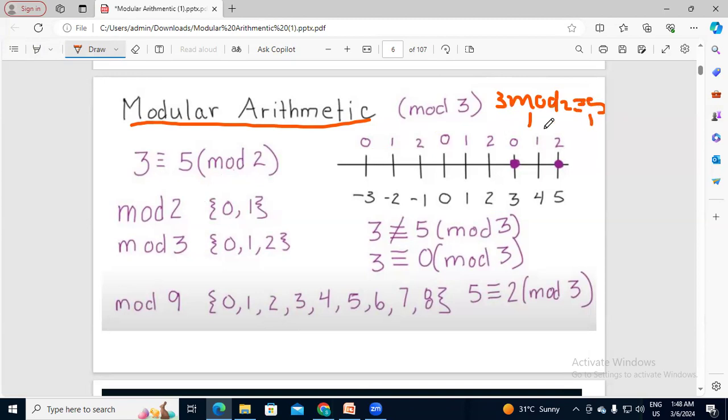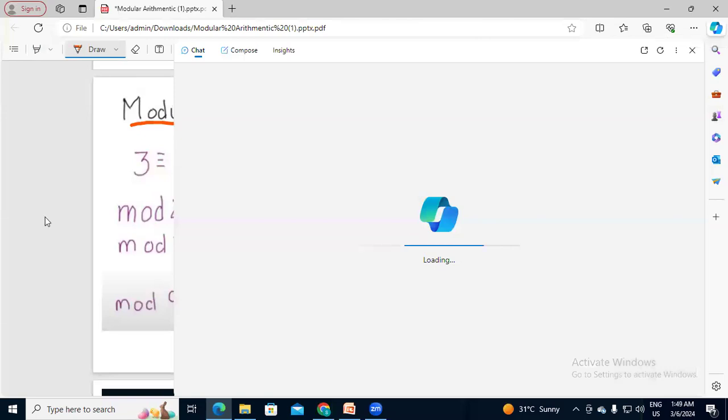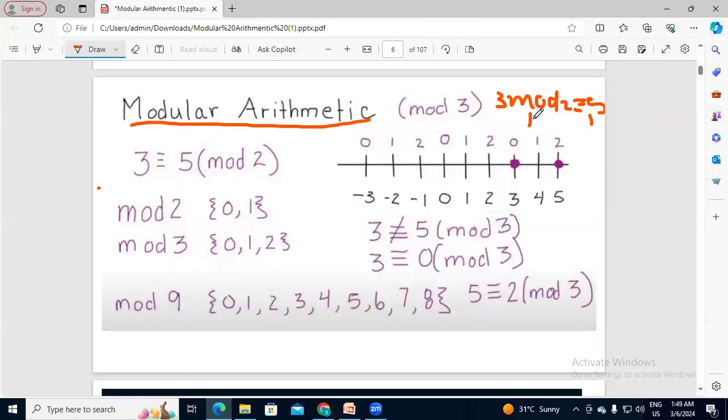In that way the modulus results are equivalent, and so you say that these are congruent to each other. I hope this congruence operator is very clear to you, because this is very important.